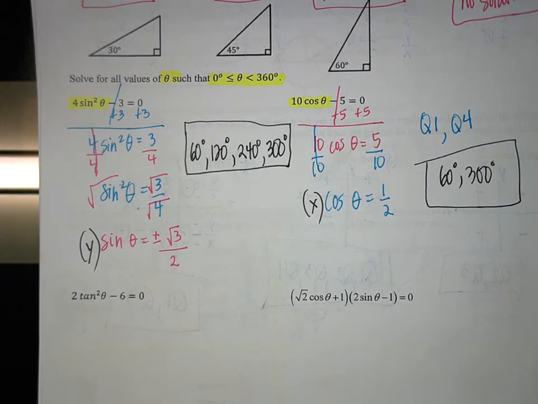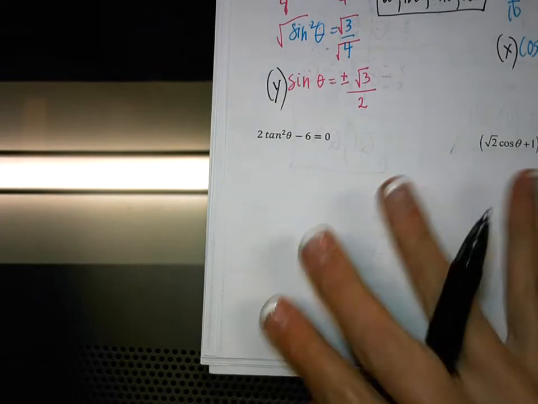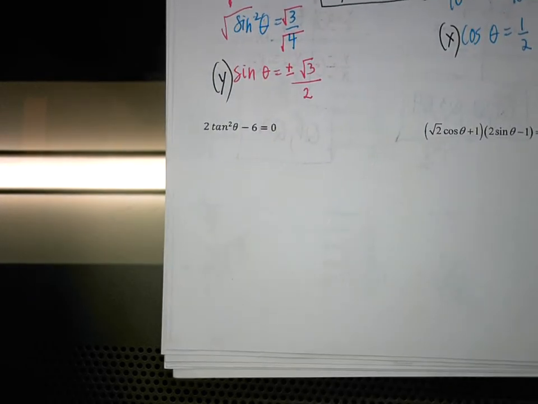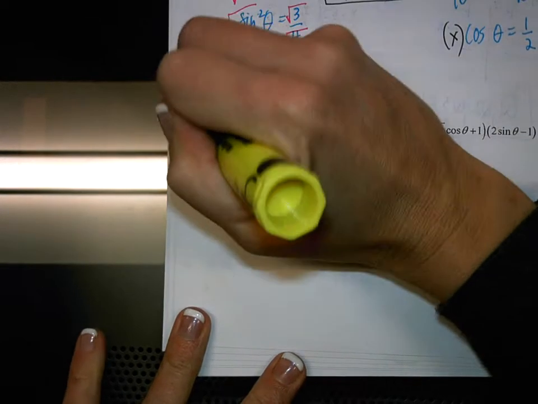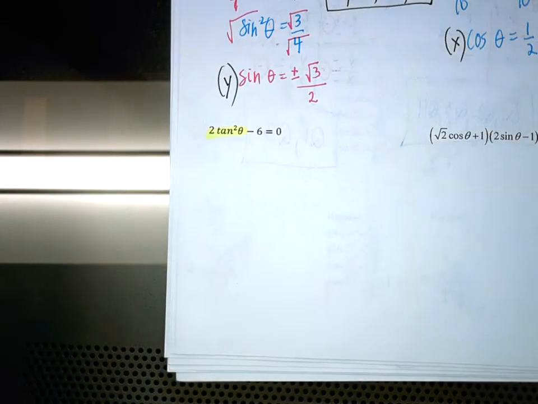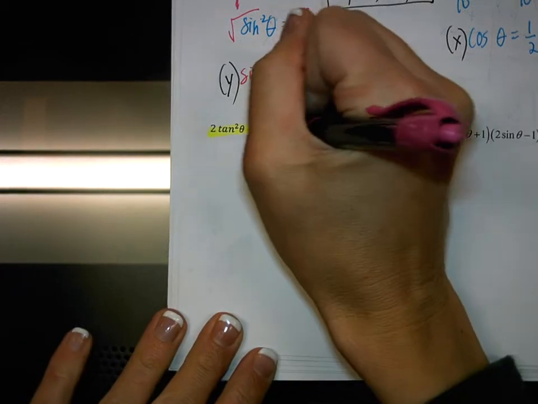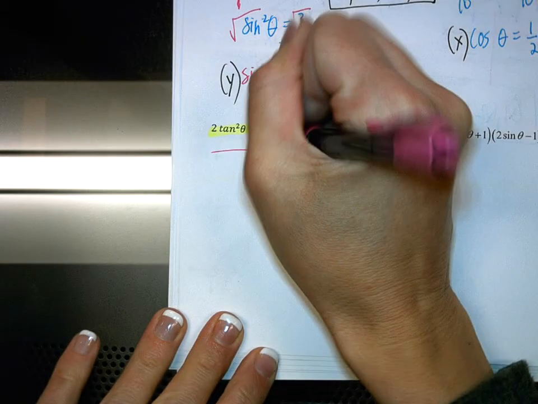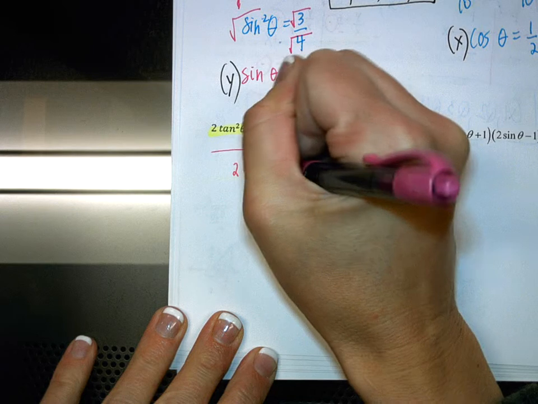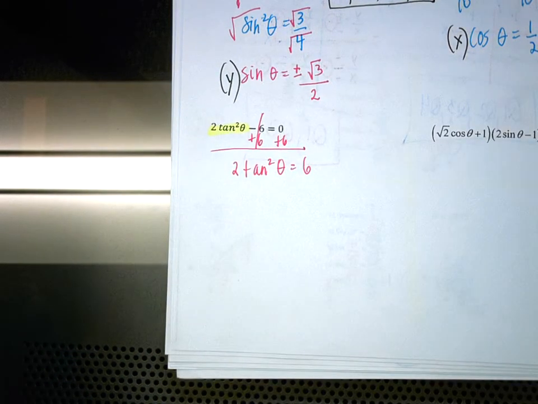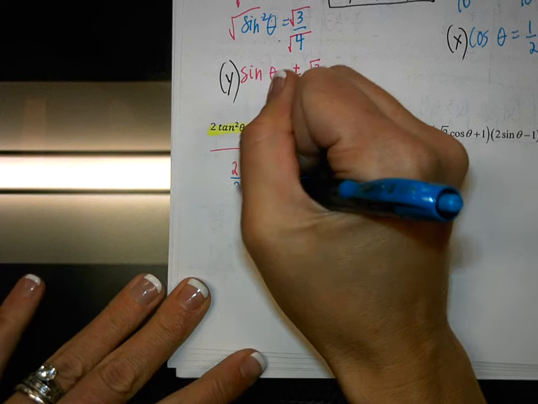Okay, so we're going to do another one. Again, I like to highlight these to help me see what I'm trying to get by itself. What will be the first step on this one? Very good. Add 6. So now I have 2 tangent squared theta equals 6. Next I'll do what? Divide by 2.